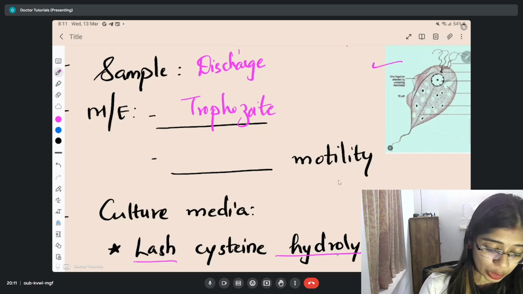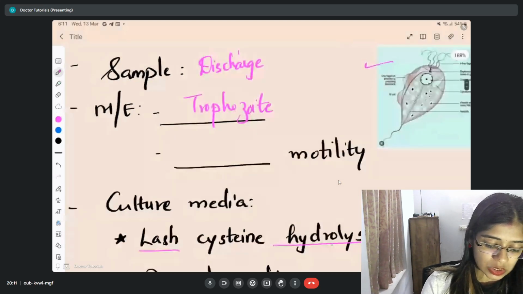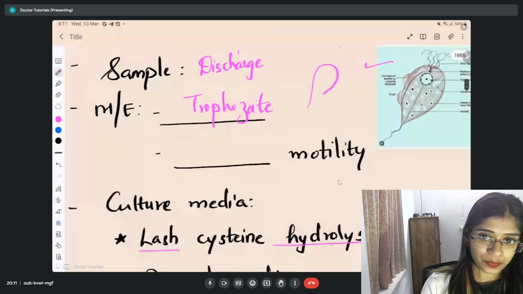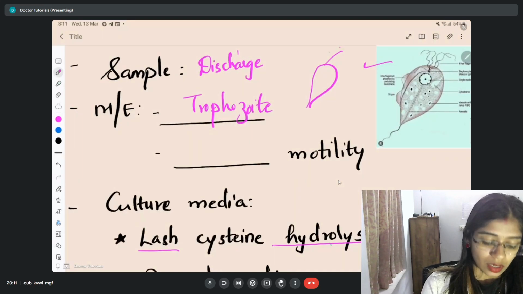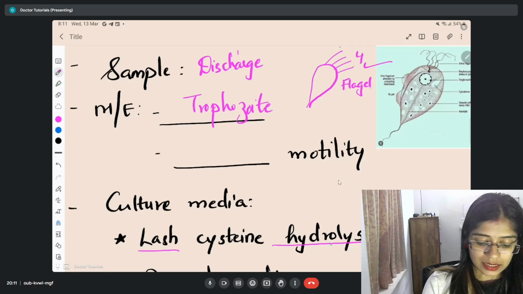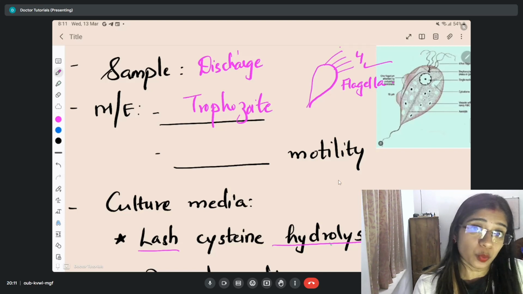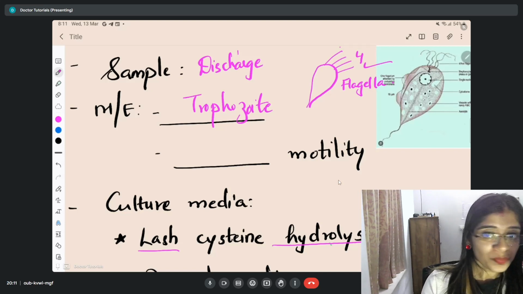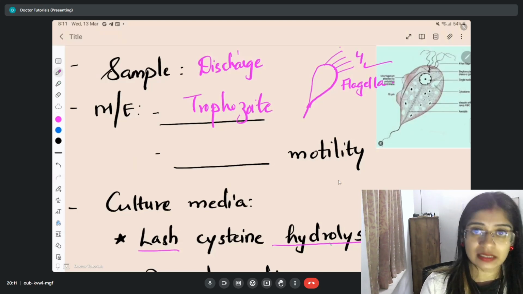How does this trophozoite look? It looks like this. Okay, first I'll draw and then I'll show you. It has got anteriorly 4 flagella. Flagella means a structure in a parasite that helps it to move. Okay, so anteriorly it has got 4 flagella and posteriorly it has got 1 flagellum. And in the middle it has got a nucleus.